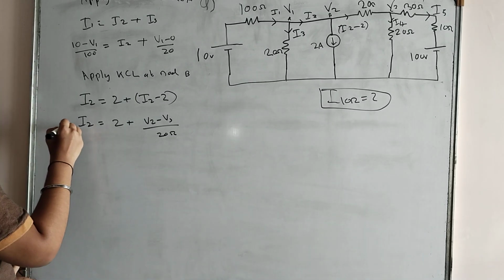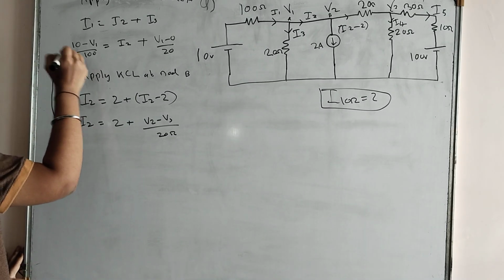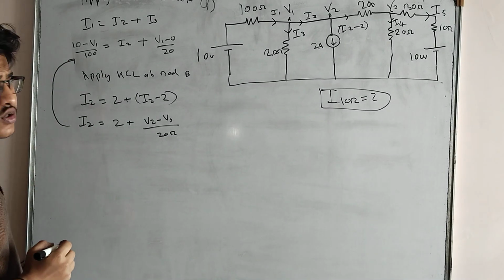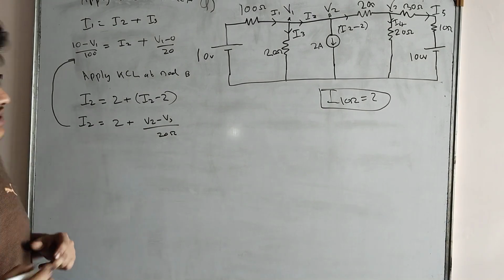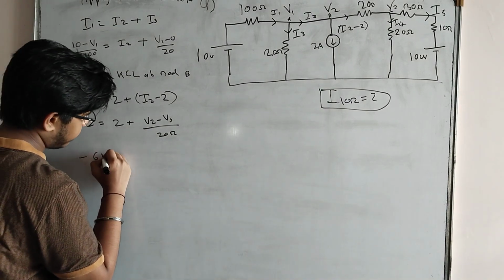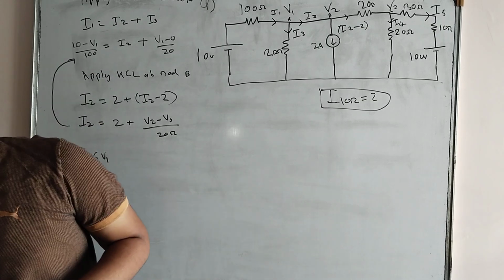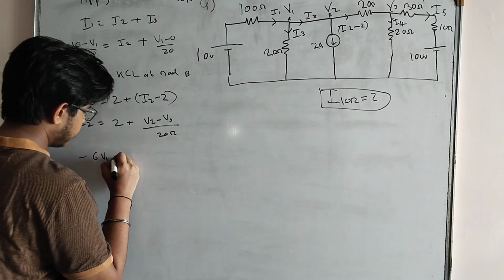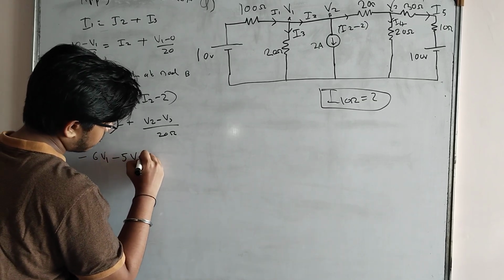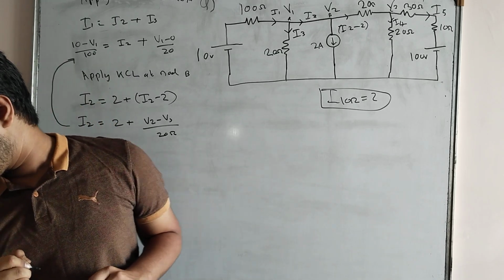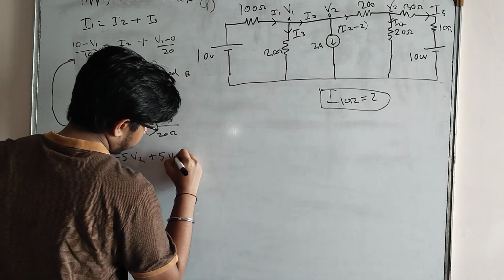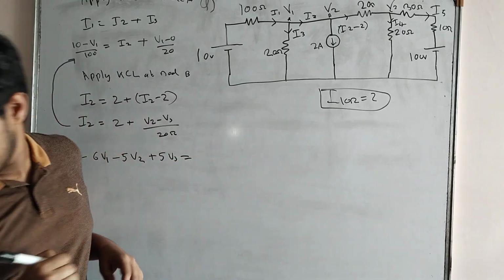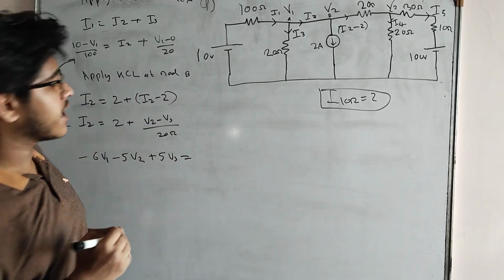So we will substitute this I2 value in this equation, and on substituting these values we get our final equation as minus 6 times V1 minus 5 times V2 plus 5 times V3 is equal to 190.